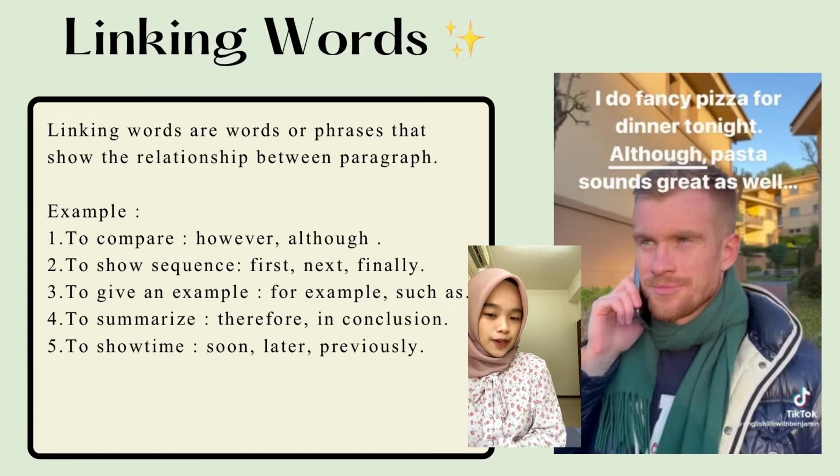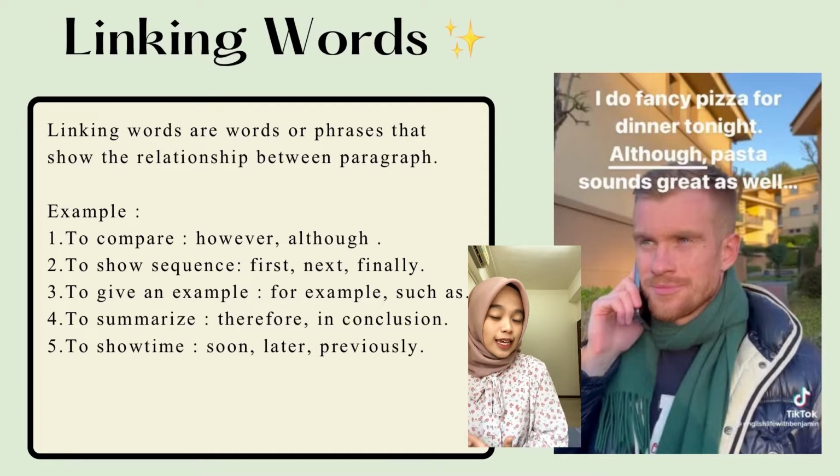Okay, the first material is linking words. Linking words are also similar to conjunctions. Linking words are words or phrases that show the relationship between paragraphs. Linking words help you to connect ideas and sentences when you speak or write in English.